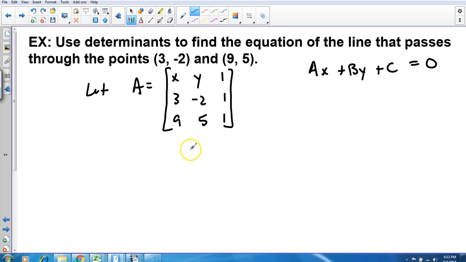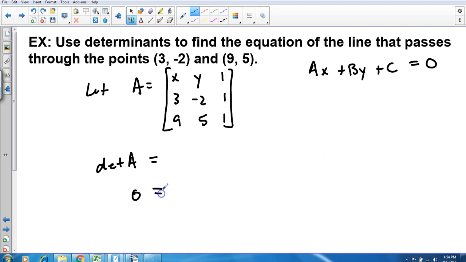Okay? So when we set this equation up, we want to look at something that's in this particular form. So if we let A equal that, then we can find the equation of the line that passes through these 2 points by finding the determinant of A. So again, we know it's got to be equal to 0.